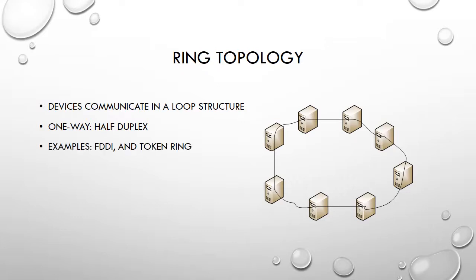Examples of ring topology include fiber distributed data interface networks, or FDDI, and token ring. Neither of these technologies are used anymore, but you might see reference to them on this or other certifications.